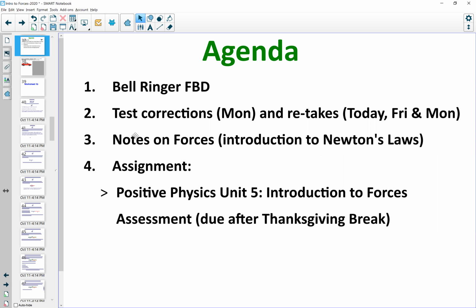Please remember that on Axis right now, I have put your curved grade in. So right now you have already the curved grade benefit, even though most of you haven't done the corrections or at least haven't submitted them yet. So until you get the test corrections submitted, right now you have that curved grade in there, but if you don't get this submitted, you won't get to keep that curved grade.